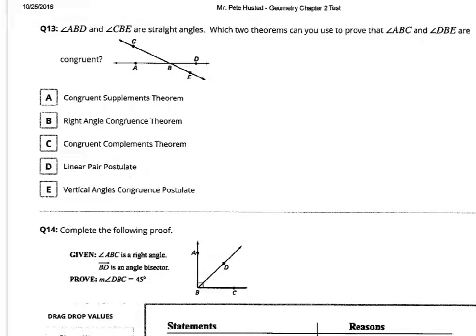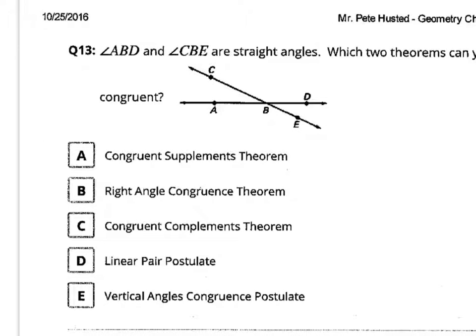Alright gang, last two questions. Angle ABD and CBE are straight angles. Straight being a huge word right here. So which two theorems can you use to prove that ABC and DBE are congruent? So you got to draw on your picture here. Maybe if you draw an example of this on your scrap paper, that would be prudent.